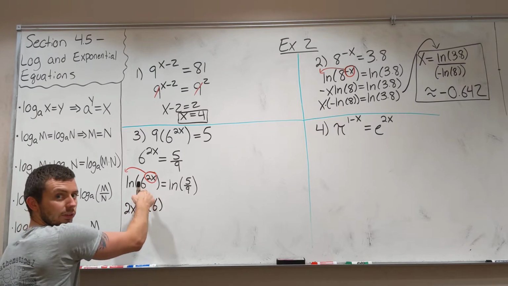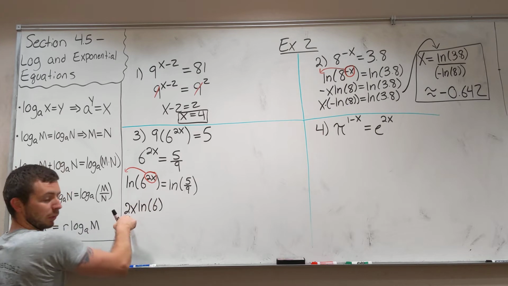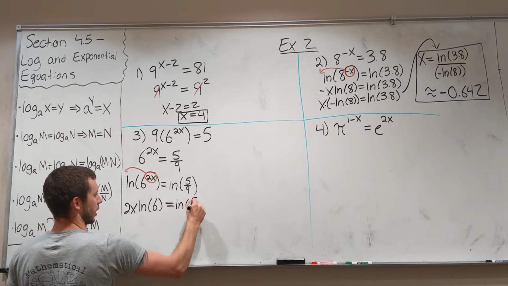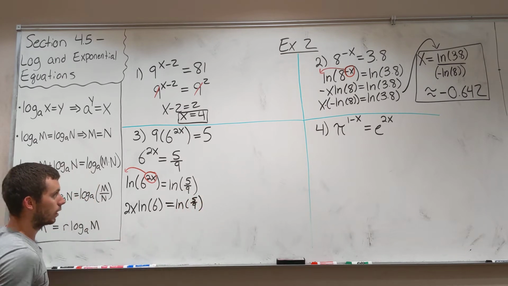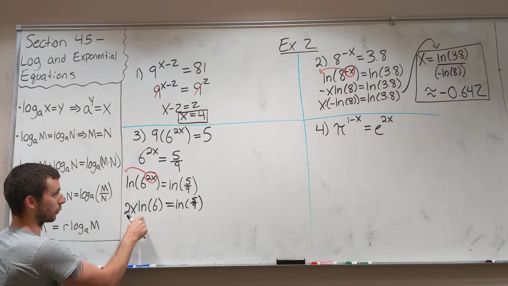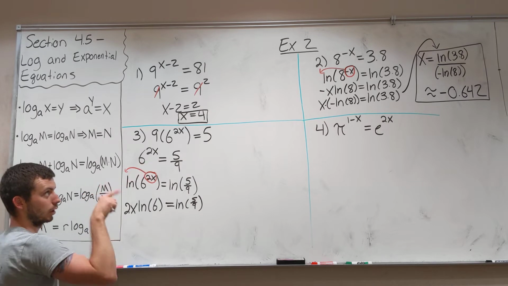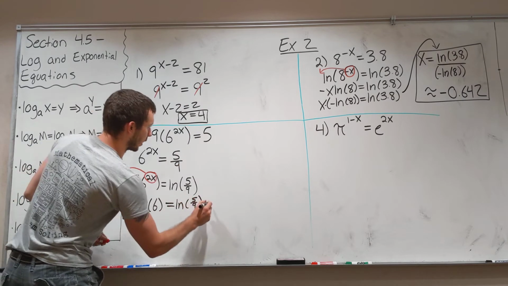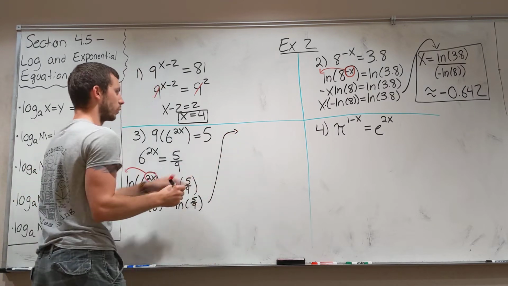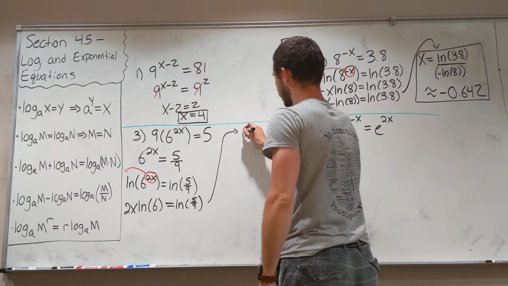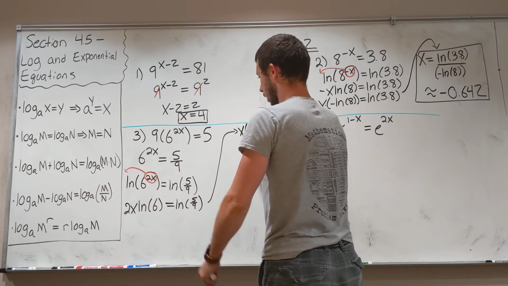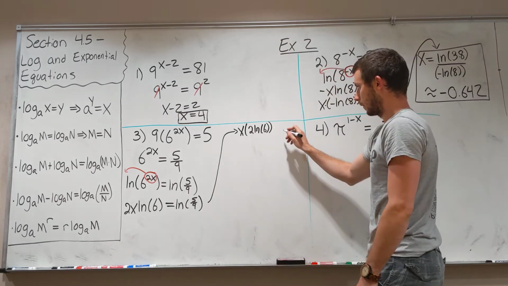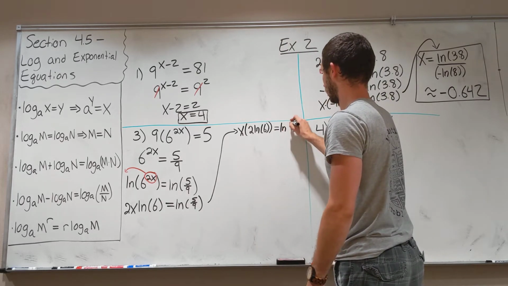So now the base of 6 is by itself because the exponent came to the front. The ln of 5 over 9 stays. And now we can rewrite this the same way we did going from here to here. In fact, I'll visualize that right here. It is the same thing as x times 2 natural log of 6 is equal to the natural log of 5 over 9.